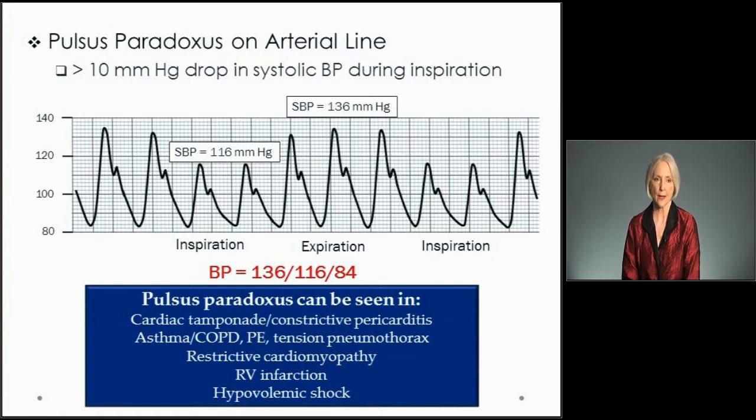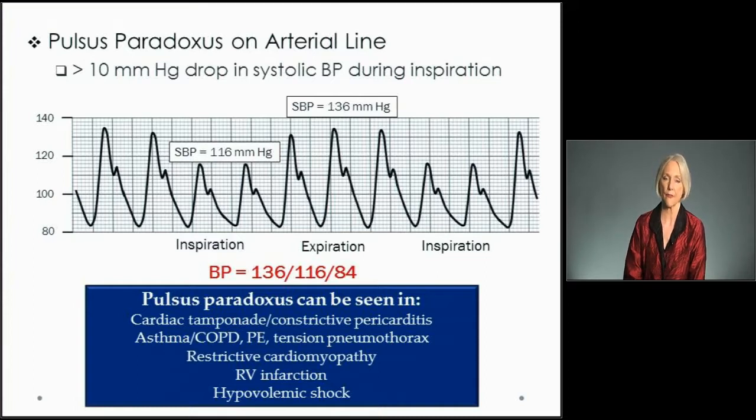Some of the cardiac things that can cause that are cardiac tamponade, which I showed in a previous picture there, blood trapped around both ventricles, decreasing the ability of both ventricles to fill. Constrictive pericarditis is when the pericardium becomes scarred and rigid and doesn't allow the ventricles to expand the way they need to. So those are some cardiac things.